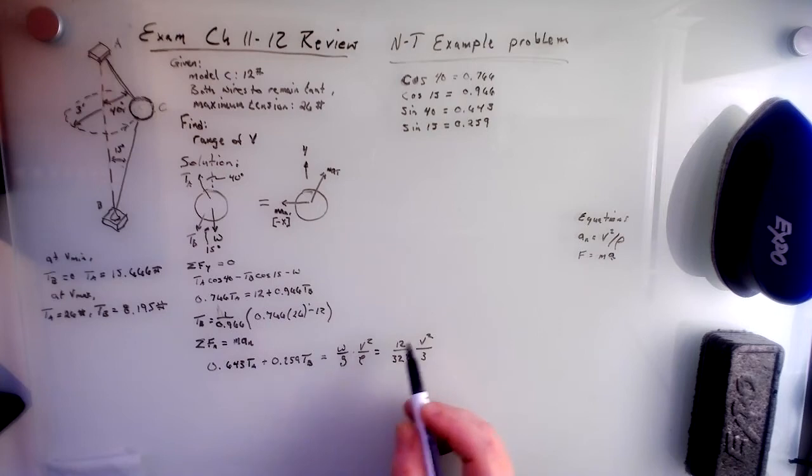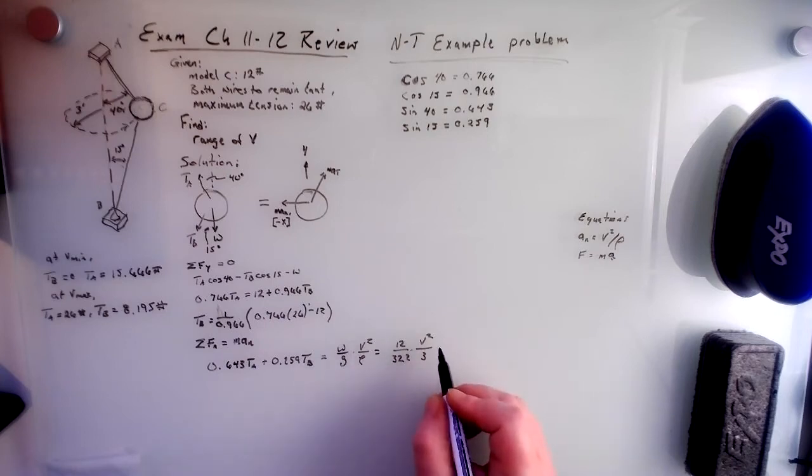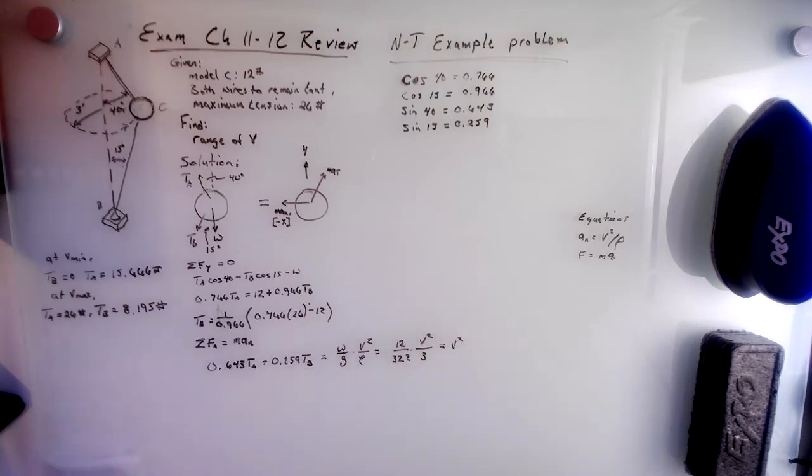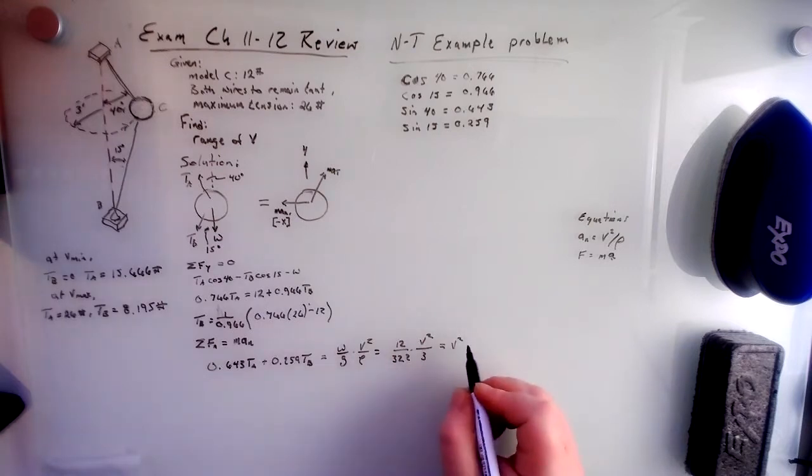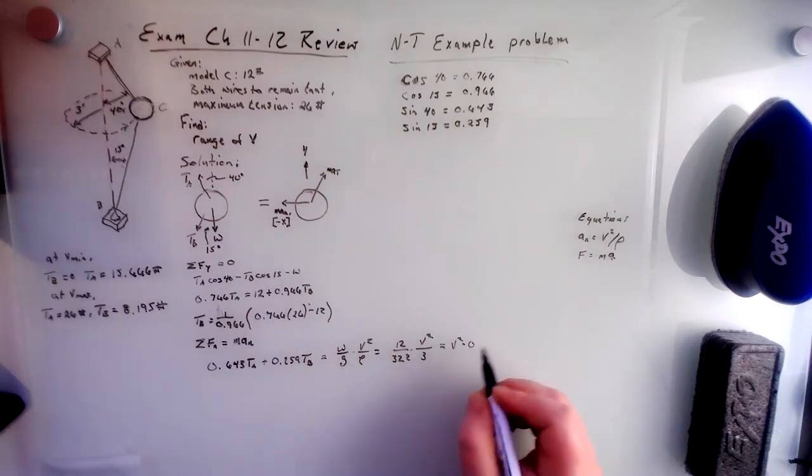So when I multiply this together, I get V squared times 12 divided by 32.2 times 3, and that gives me 0.124.